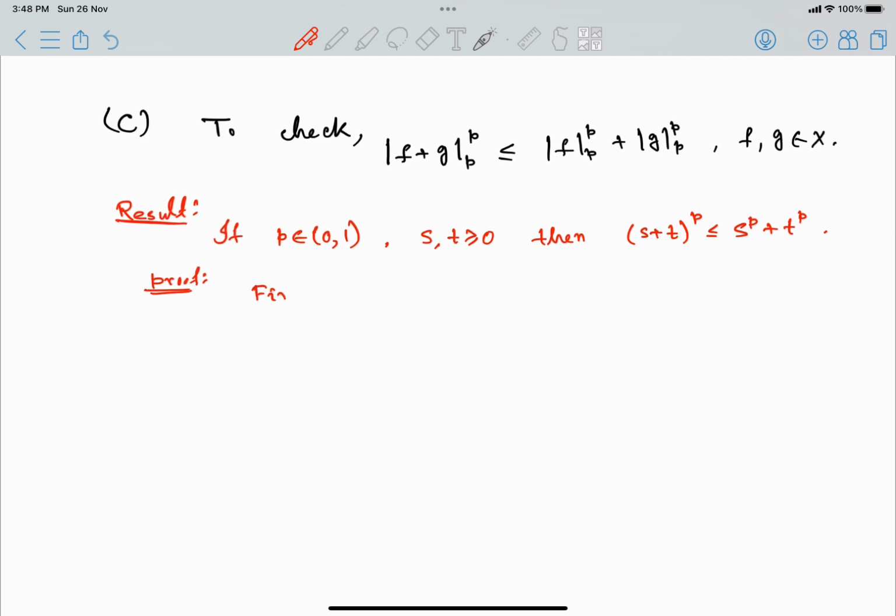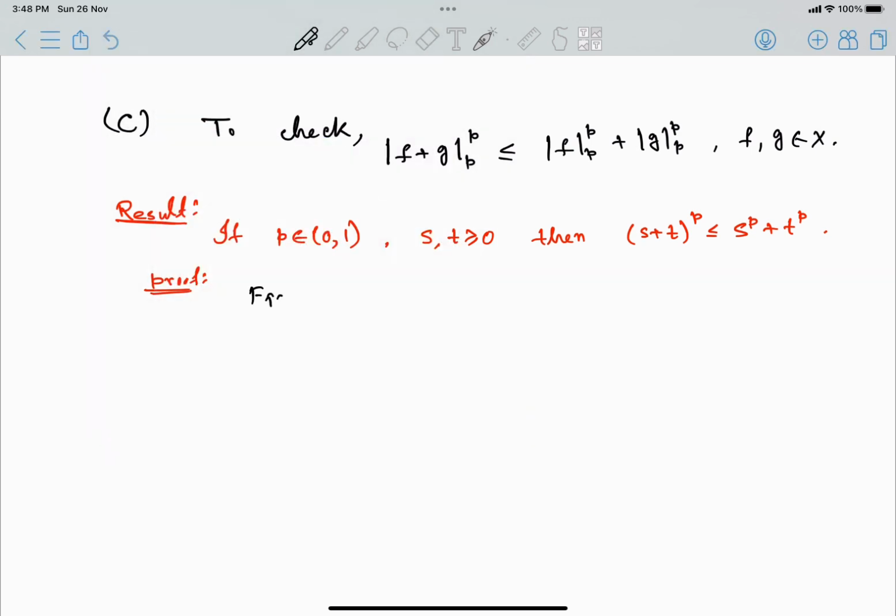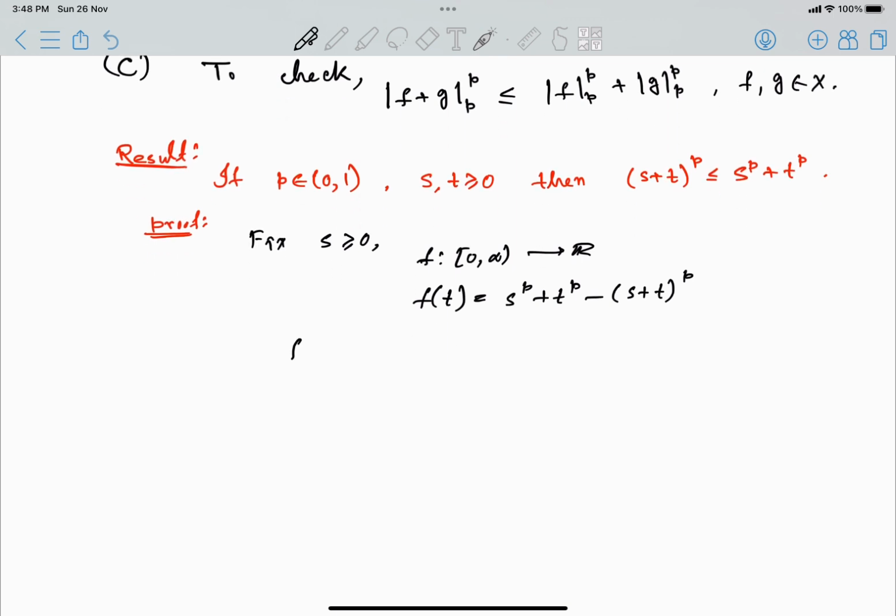So how to prove this one? So fix s positive. Then f is a function from [0, infinity) to R. So f is a function of t. You are viewing this as a function of t. Then f of 0 is 0. If you put 0, you will get 0.